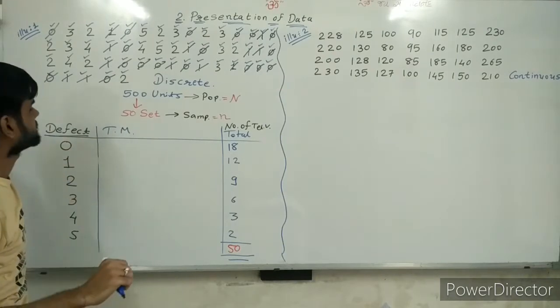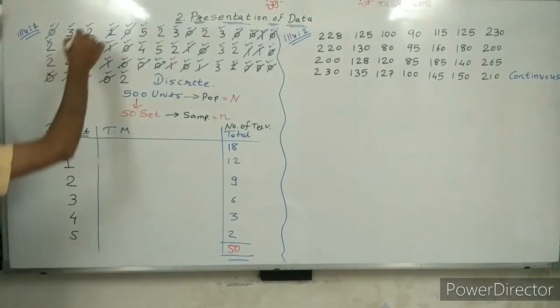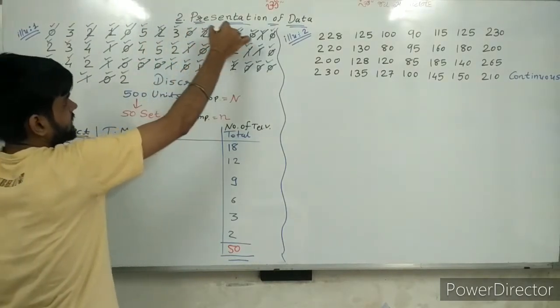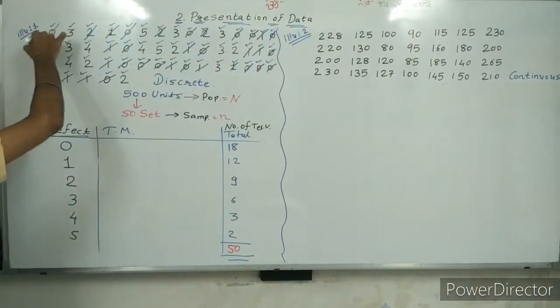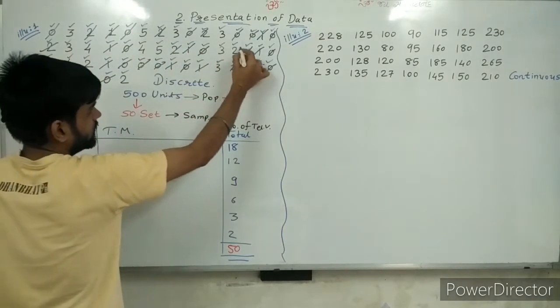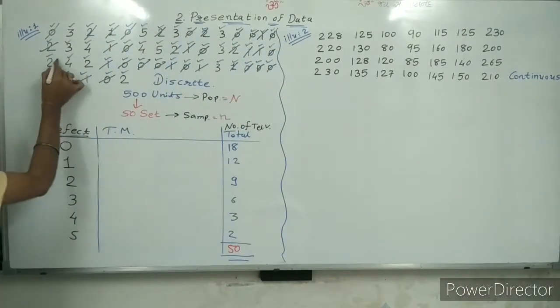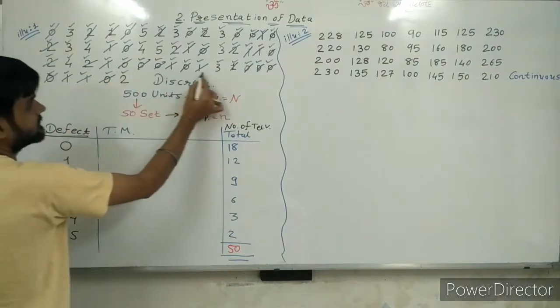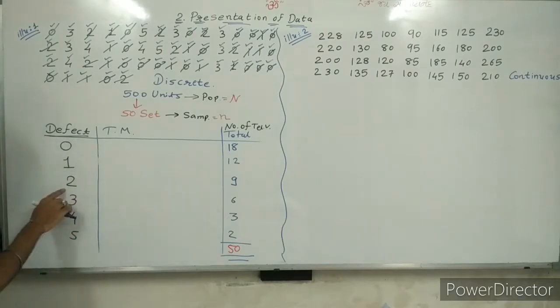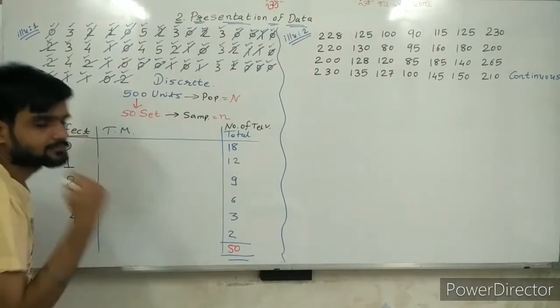Going ahead. Count 2. 1, 2, 3, 4, 5, 6, 7, 8, 9. So against 2, write 9.